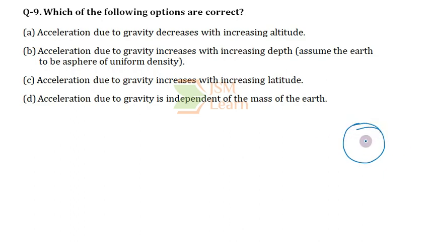As we have studied in the whole chapter, the variation of gravitational field intensity, that is acceleration due to gravity, is constant on the surface. When height increases from the surface, the acceleration due to gravity value decreases, and when depth increases, that is when it moves towards the center, the acceleration due to gravity value also decreases. Further, the gravitational field intensity at the center becomes zero.